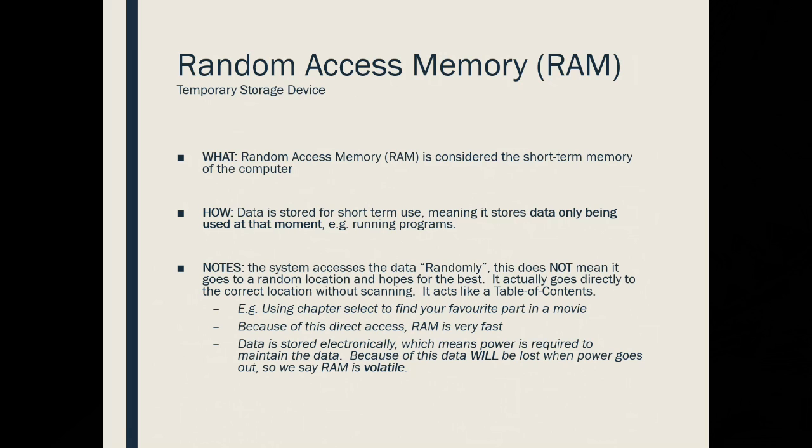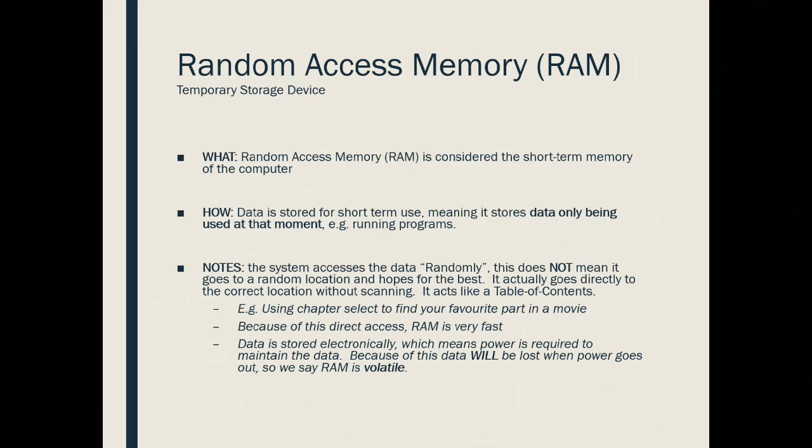RAM does not store its data magnetically. It actually stores it electronically, which means it requires power, at least a tiny trickle of power running through it, to maintain its data. So if we shut down our computer or the power goes out, it no longer has that charge to maintain the data, so it loses it. For this reason, we say that RAM is volatile.